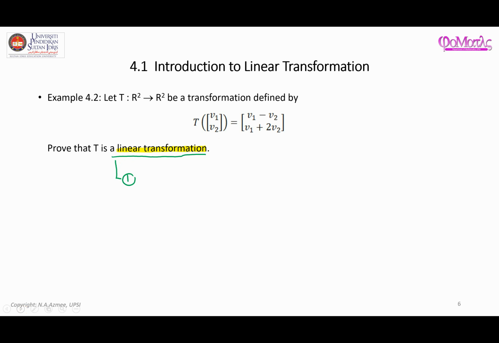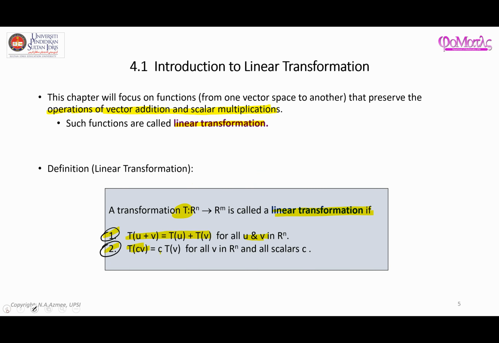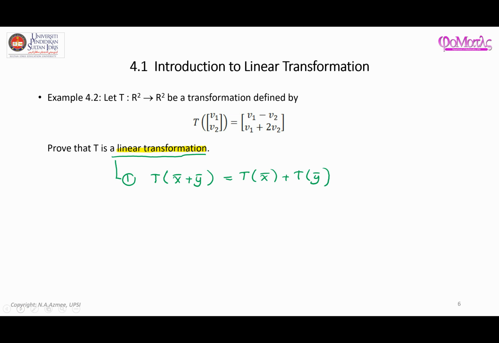And in this case, I'm going to show that for vector x and vector y, if you consider this, it should be the same as this. So this is the first condition that we have to show. Now the reason why I'm going to use x and y is because here it is already given as v, and we just don't want to use v anymore. Of course, if you want, you can use u and x or whatever. Okay, now that is the first condition.